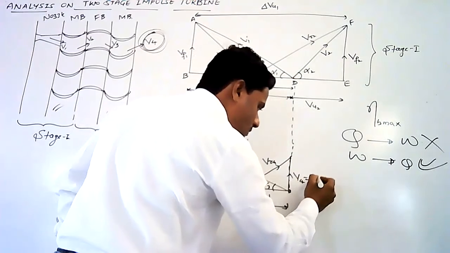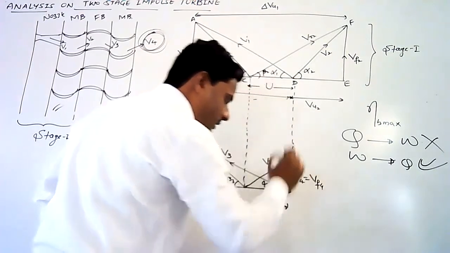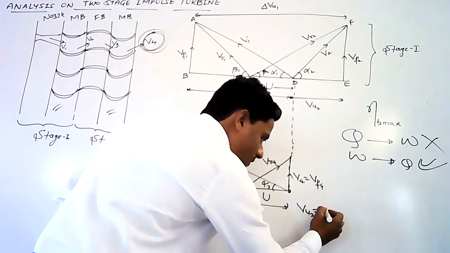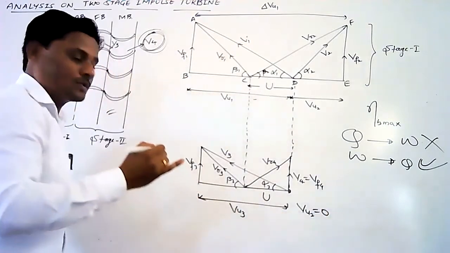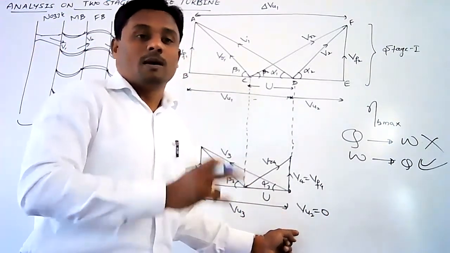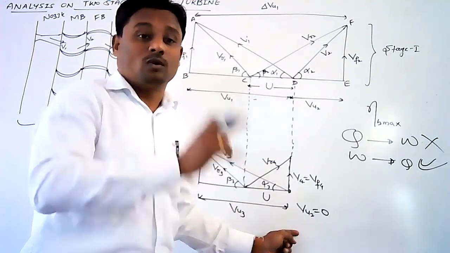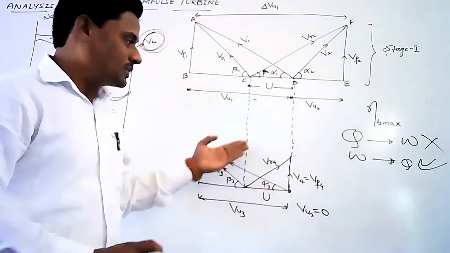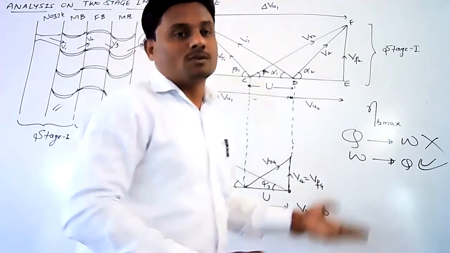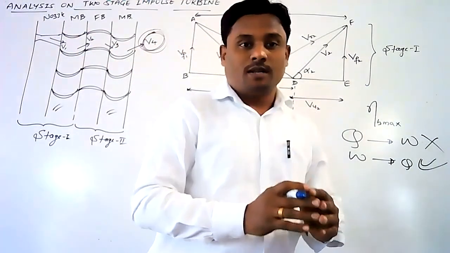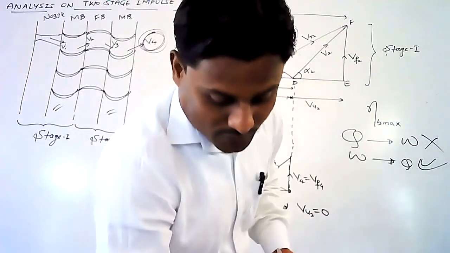Under these circumstances, VU4, the whirl velocity at the outlet, is equal to 0. So this is the velocity triangle for maximum blade efficiency of a two-stage impulse turbine. This is the combined velocity diagram. These concepts are very helpful in order to solve the numericals. The derivation on the two-stage impulse turbine will be seen in the next video lecture.